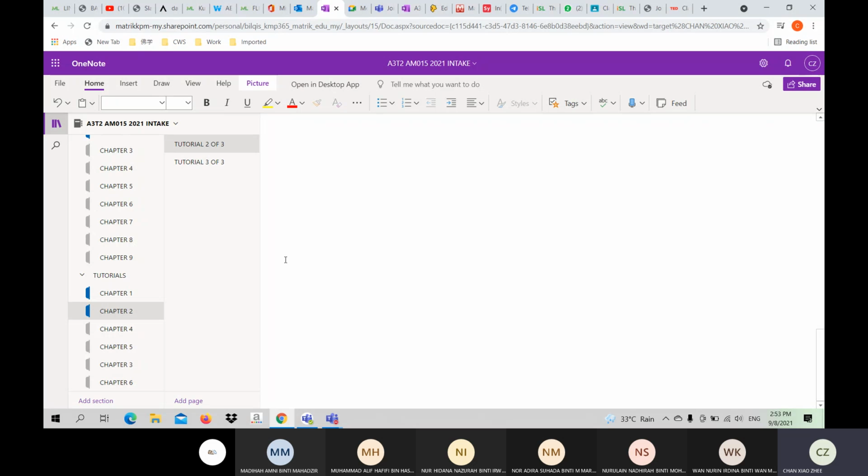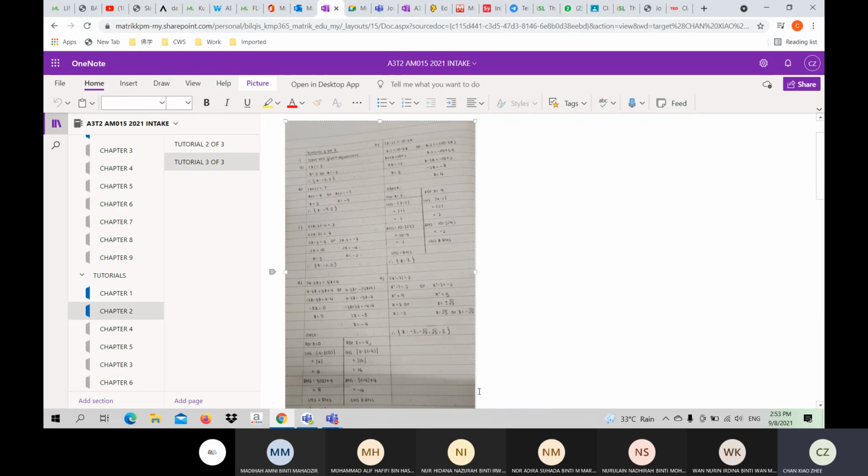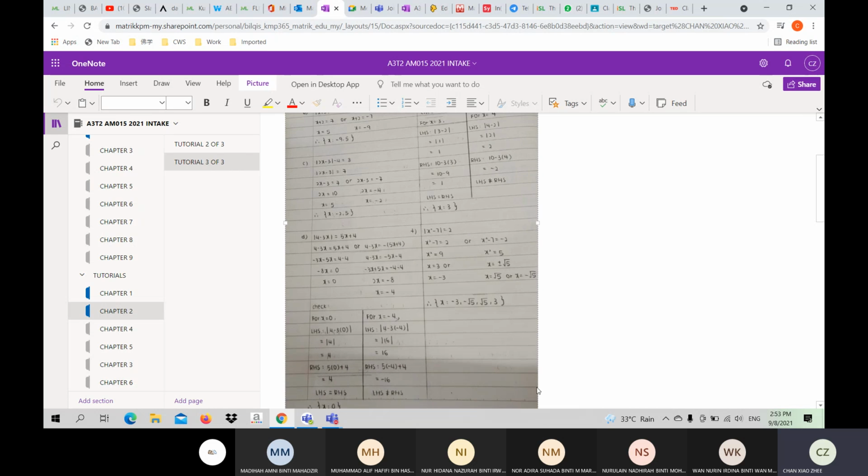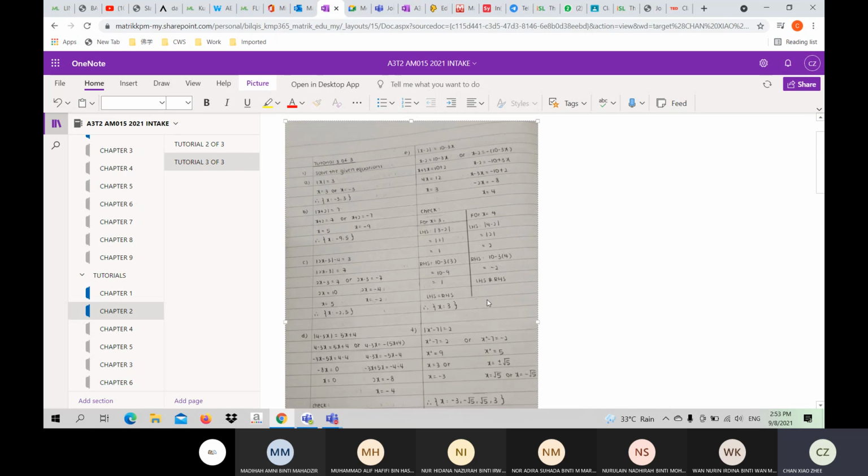Okay, so sekarang pergi tutor 3 ya. Tutor 3 is about absolute value. Okay, first, absolute x equal to 3.